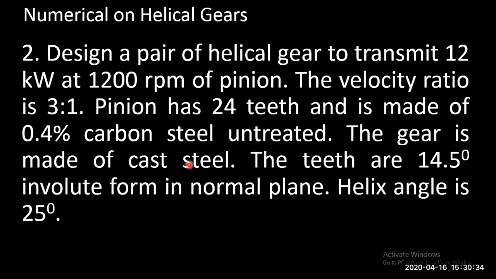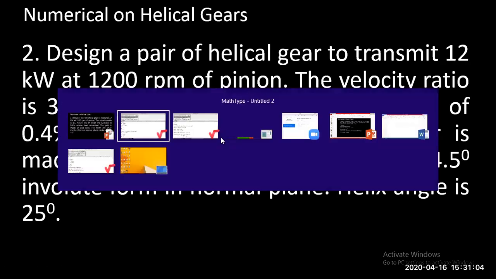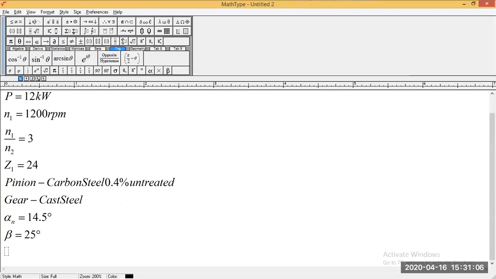Step 4, dynamic load. Step 5, limiting load. And thus you can find the Brinell hardness number. You need to delineate these steps on the answer sheet. So read the question, don't start off blind. One such question was given in test 1, for the springs. So let's go for the solution.